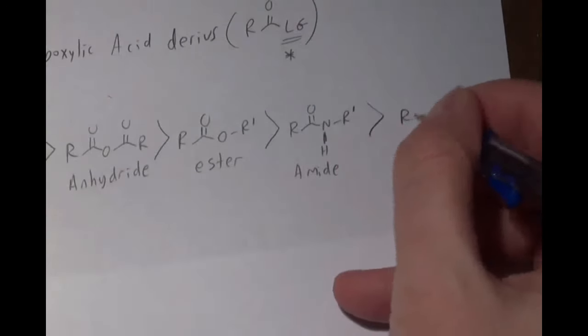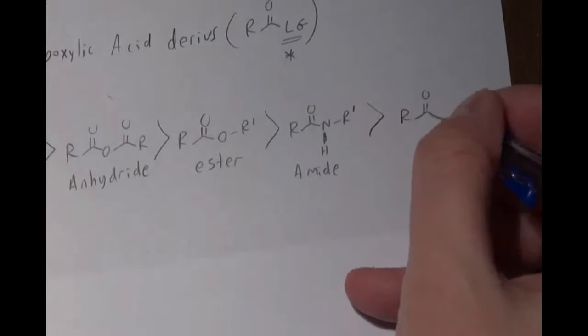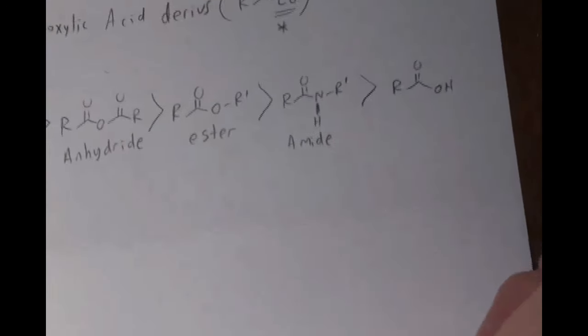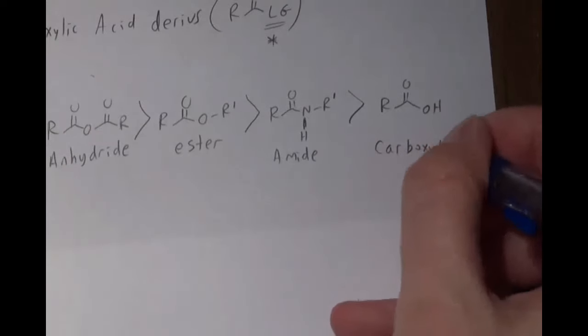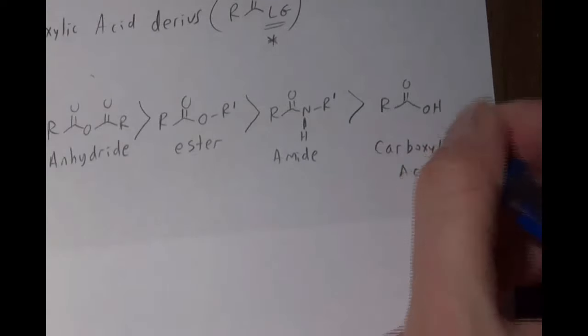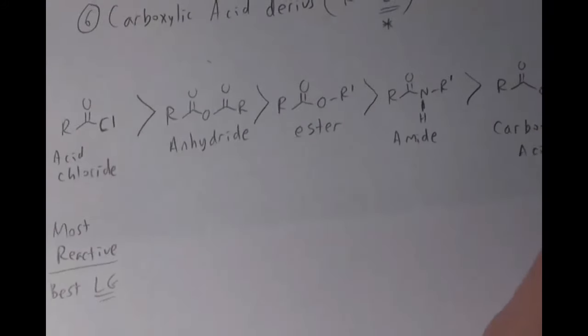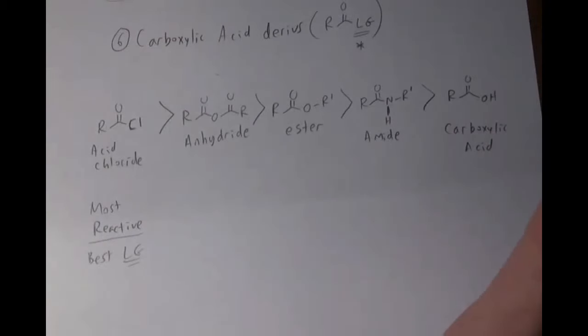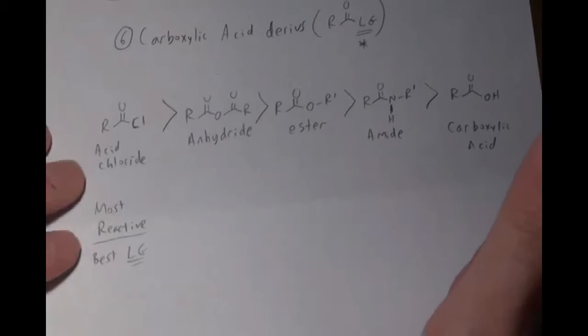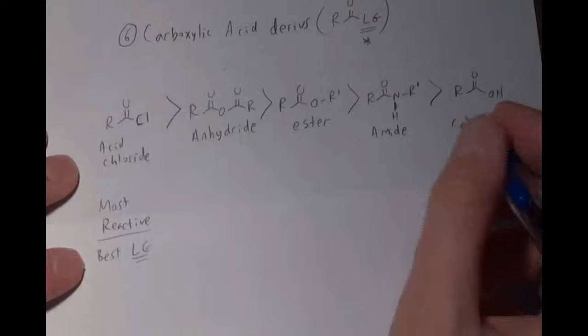And then we got our good friend, the carboxylic acid. So it's kind of the least reactive of all of these guys. Okay, so it's really good to memorize this order. Maybe you have an index card that shows this order. Also have it nicely in your notes. Got to know the order.